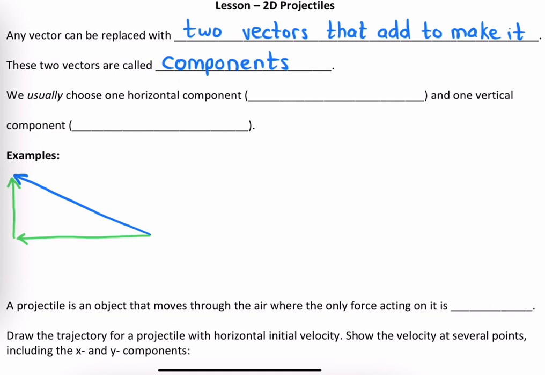As I've done in this picture, what we normally do is choose one horizontal component, this one here, and we call that the X component. And we choose one vertical component, this one here, and we call that the Y component.